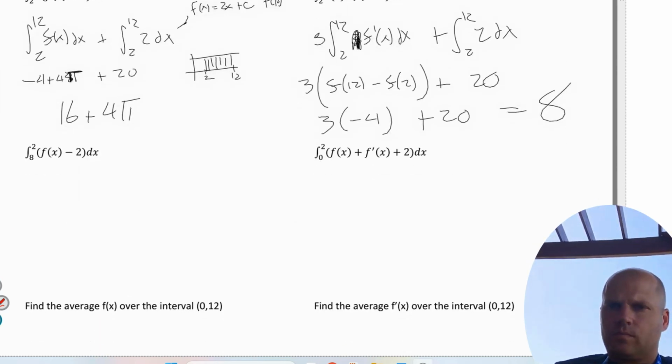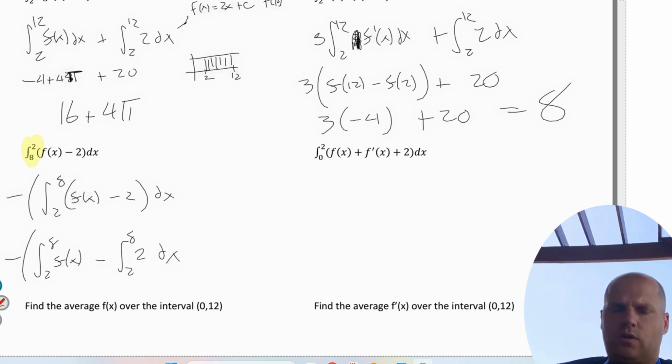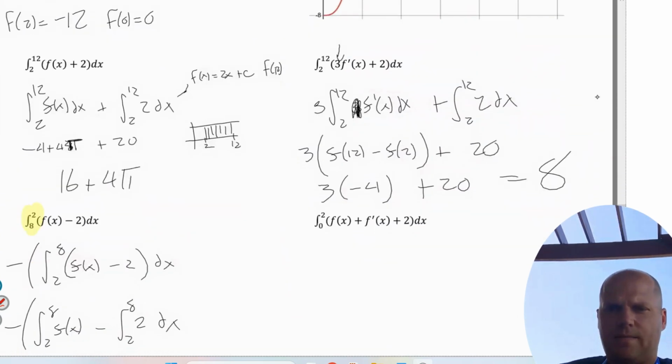Careful, careful, careful. It's going to be the opposite of the integral from 2 to 8. So I will get the integral from 2 to 8 of f, and then I will subtract the integral from 2 to 8 of 2. 2 to 8 of f is 4 plus 4 pi.